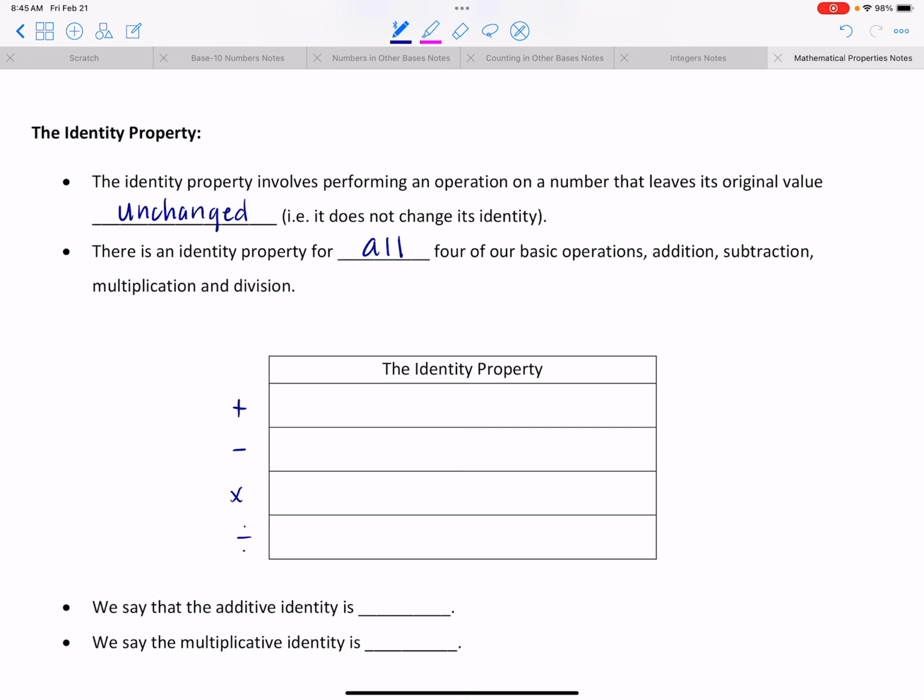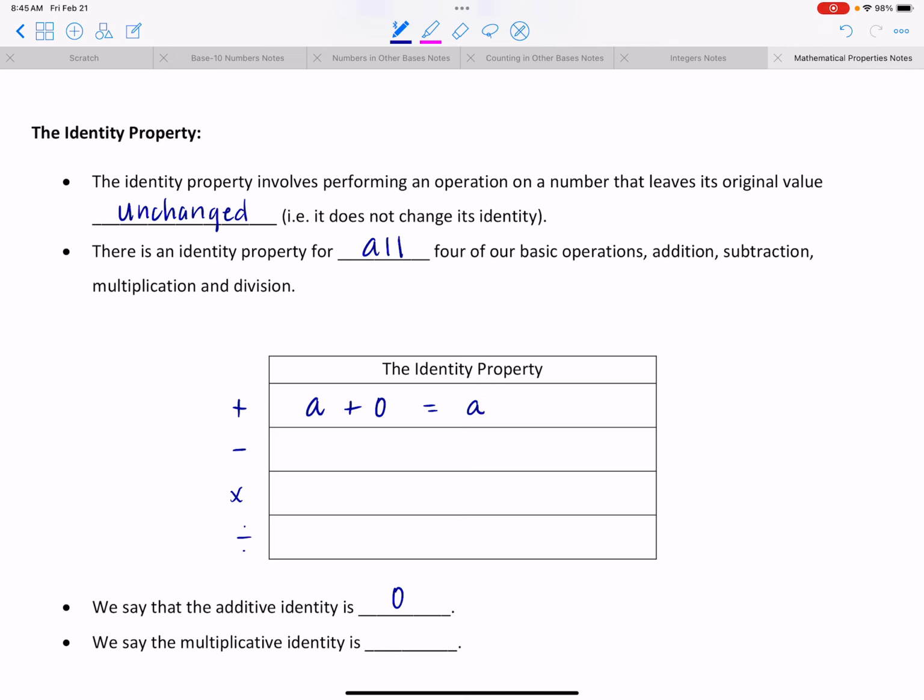I'm not going to change the value of a number when I add 0, thinking about your number line going 0 places away. And so that's what the identity property looks like for addition. Whatever number I have, let's call it A, if I add 0, my number, my value, is not changed. So we say the additive identity is 0. I can add 0 to any number and not change its value.